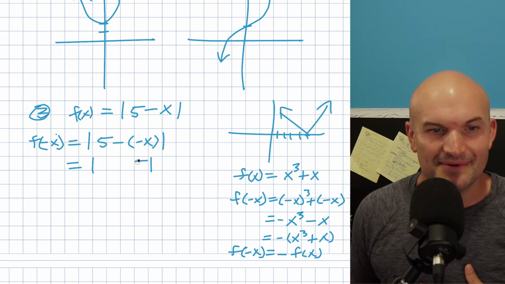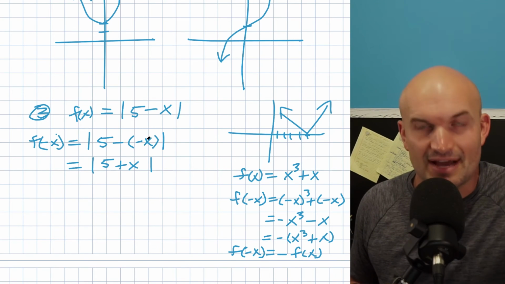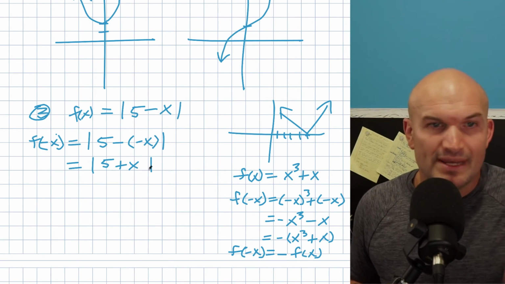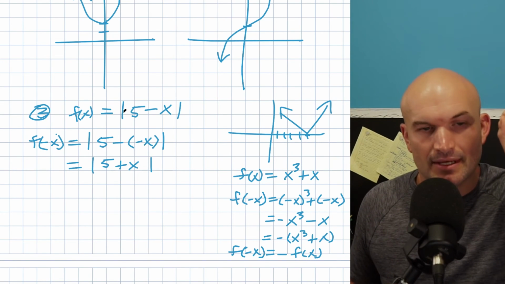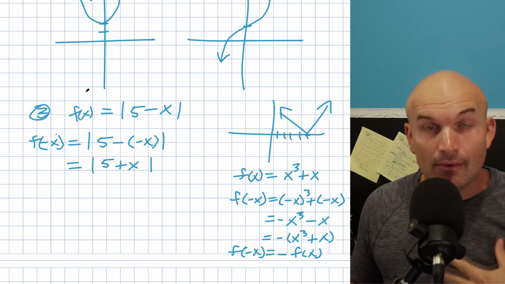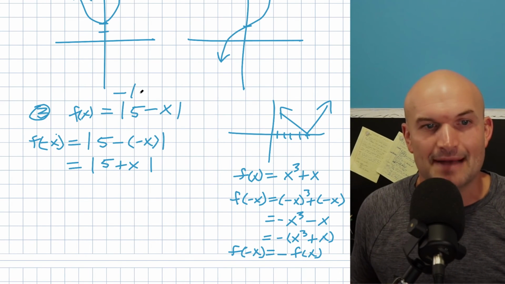The problem is though, here's what I want you to see. Let's say this is 5 plus x, so it goes minus a negative x, and that's 5 plus x. The problem is we can't factor out a negative on the outside. f of x is the absolute value of 5 minus x. If this needed to be odd, it needed to be a negative absolute value of 5 minus x. That is what would show as an odd function.